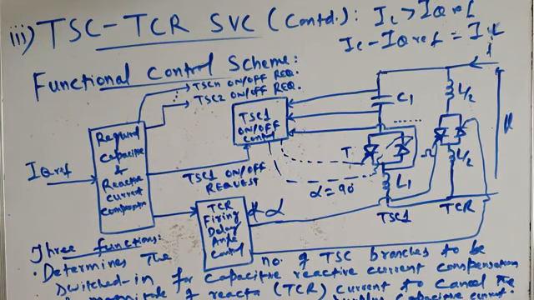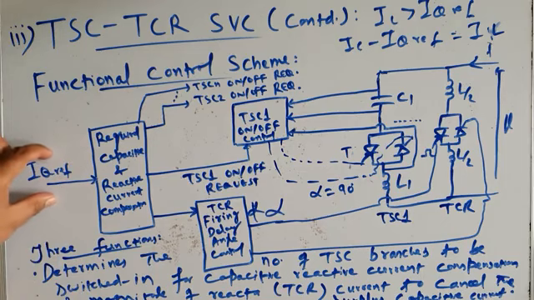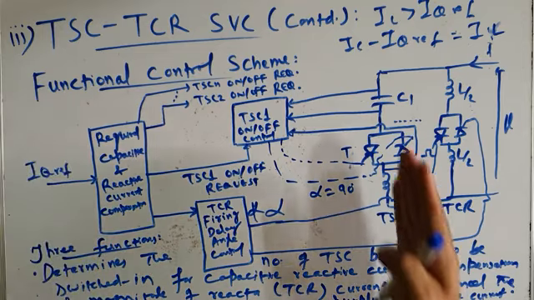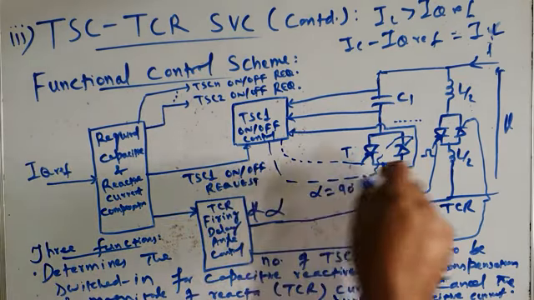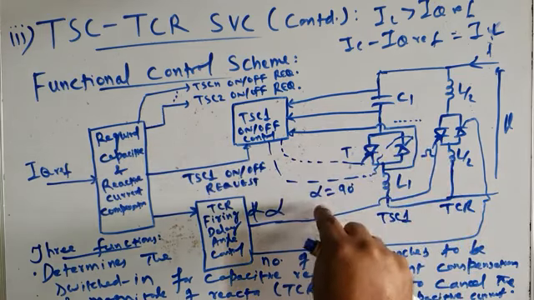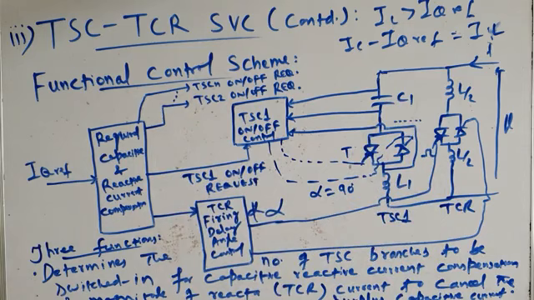I repeat, the first function is that it determines, depending upon the capacitive reactive current which has to be injected into the transmission line, which depends upon the reactive power compensation, how many TSC branches have to be switched in, and then it issues the firing pulses to all those branches at alpha equal to 90 degrees and switches them in.